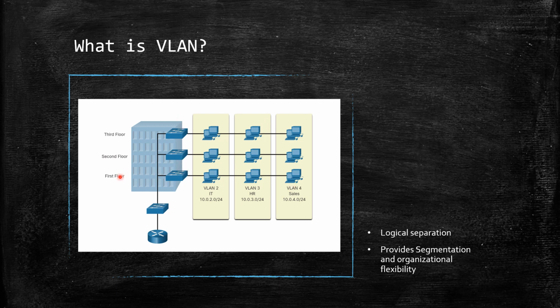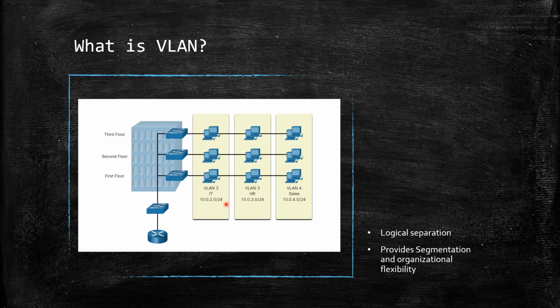You can see in the figure shown here, you can see my pointer, that these devices are in VLAN 2, these devices are in VLAN 3, and these devices are in VLAN 4, having their roles assigned as IT, HR, and sales. You can also note the network on which they are operating and the subnet.